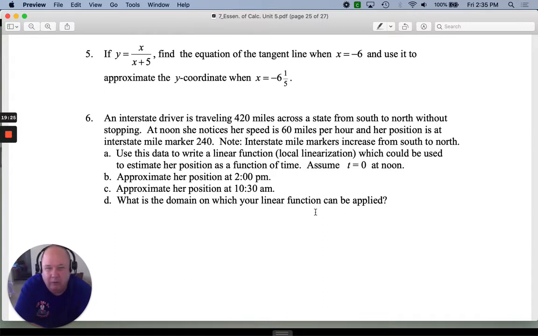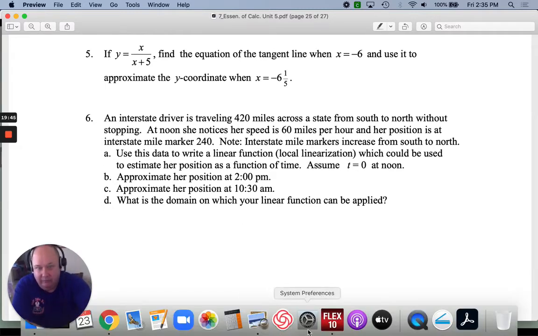Let me think through. What would the upper end be? It's traveling 420 miles, so that would be the upper end marker.